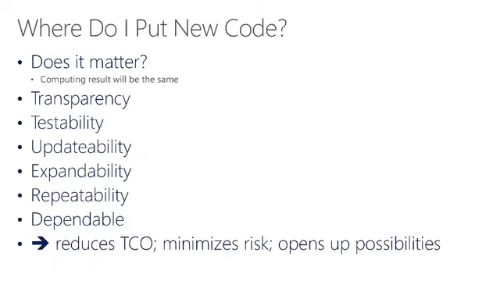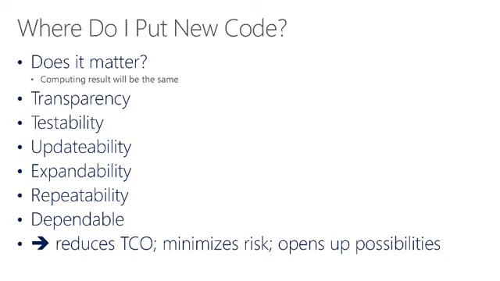Anyway, there are a number of aspects that you have to think about. Think about transparency. Think about testability, your ability to upgrade or to easily expand or reuse the functions that you create. If you think about all these aspects, you might come up with a way to reduce the total cost of ownership.